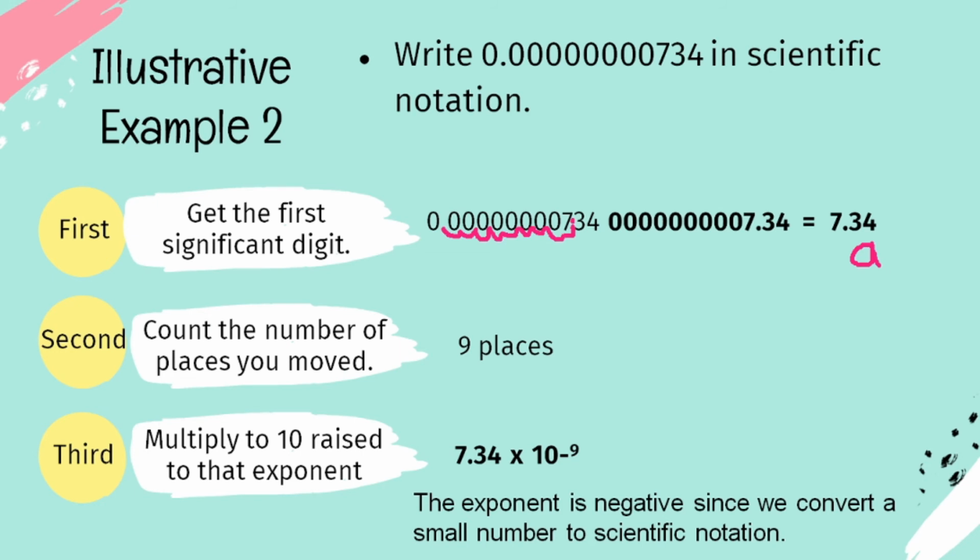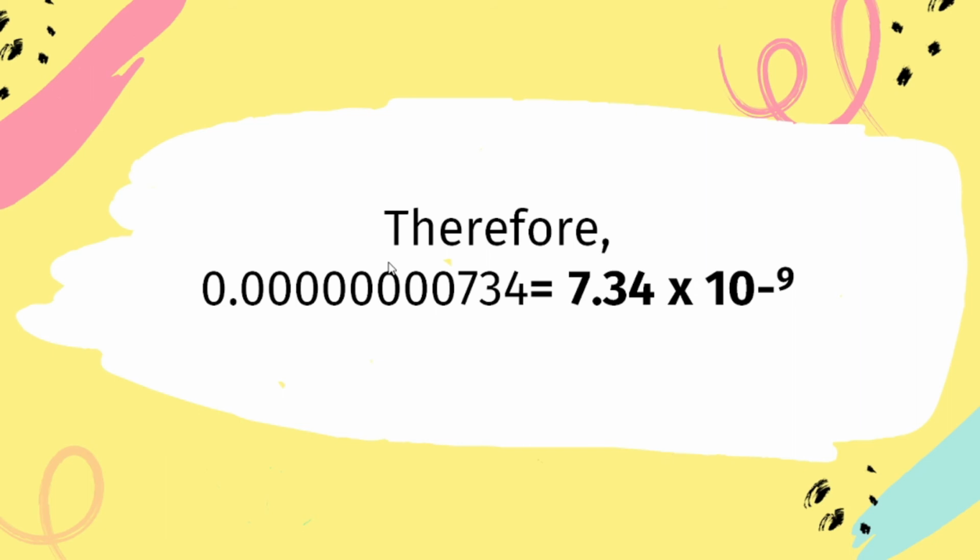So we have 7.34 times 10 raised to negative 9. So therefore, yung number natin na 0.00000000734 ay equal sa 7.34 times 10 raised to negative 9.